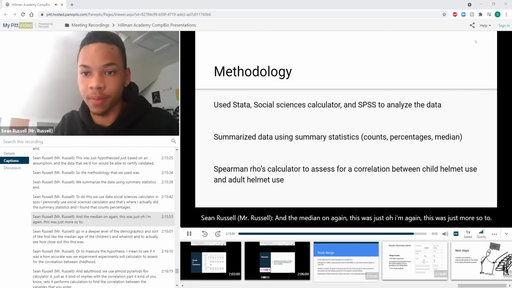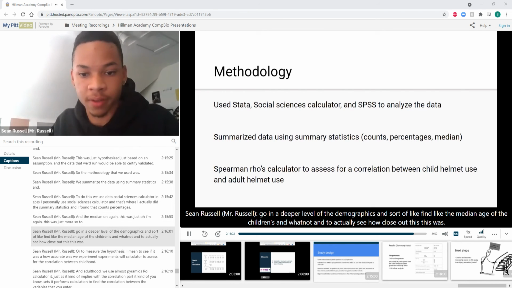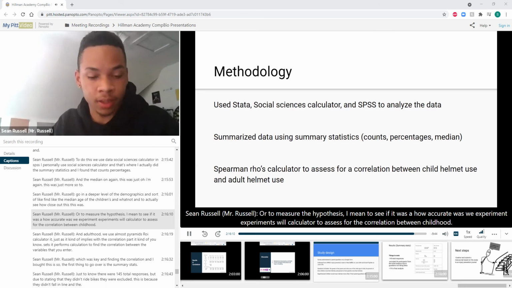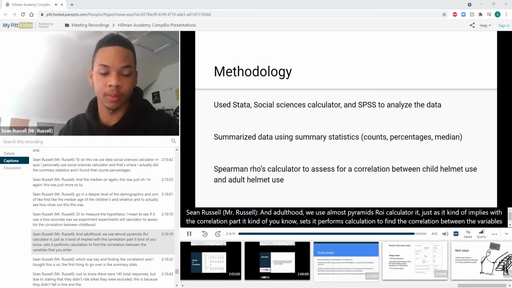This was more so to go to a deeper level of the demographics and find the median age of the children and whatnot. And to measure the hypothesis, to see how accurate it was, we used a Spearman's rho calculator to assess for the correlation between child helmet use and adult helmet use.